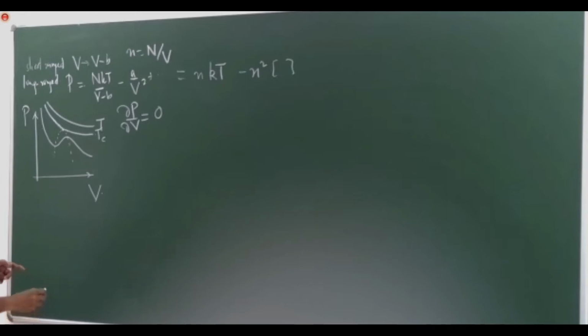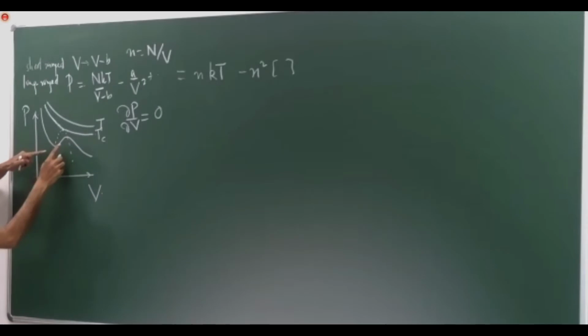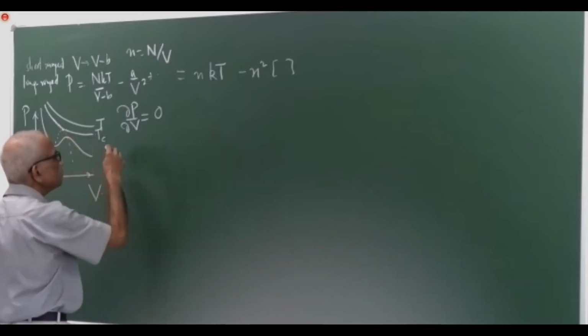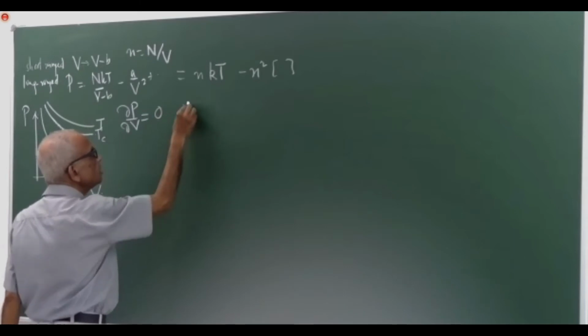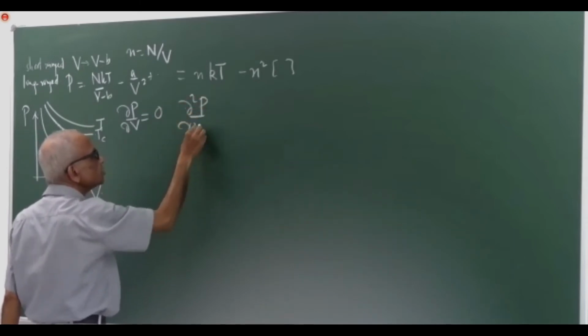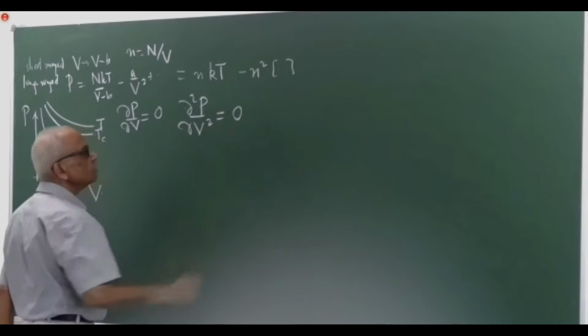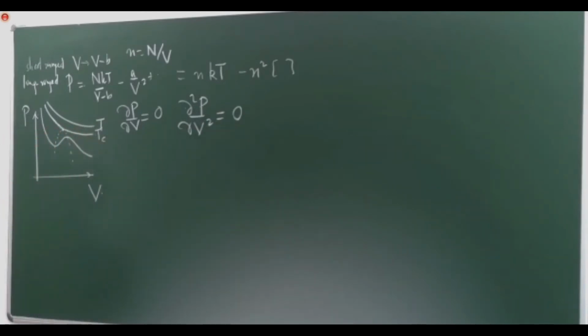And it is more than that, because below this temperature, if you plot it up, it would look like this, which means that this maximum and this minimum over here actually merge at this point. So at that particular point, it is not only del P del V which is 0, but the second derivative is also equal to 0.